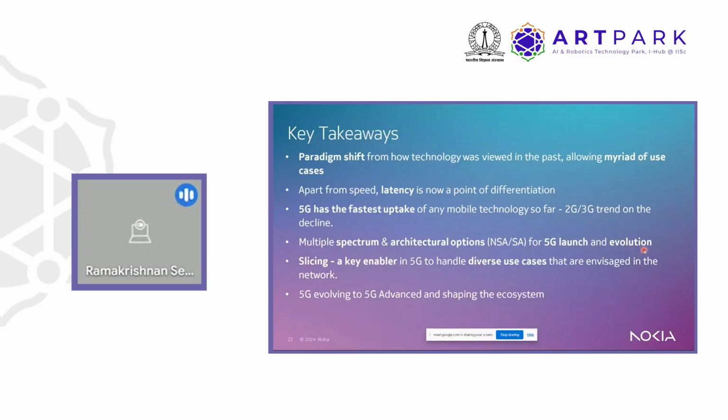We also saw that there are multiple spectrum and architectural options existing in 5G, and this still gives us certain guidelines on the launch options and evolution options for the operators. Slicing we see as a very good key enabler for handling multiple use cases, primarily because of the flexibility it offers in cutting the network into very definitive SLAs. And then we do see 5G evolving to 5G Advanced and then shaping an ecosystem.